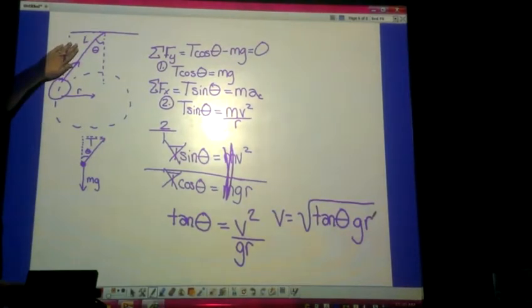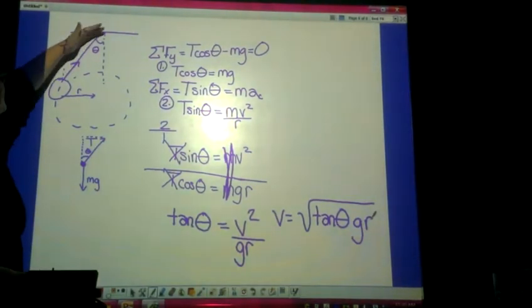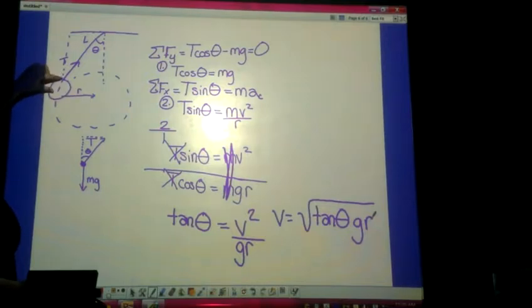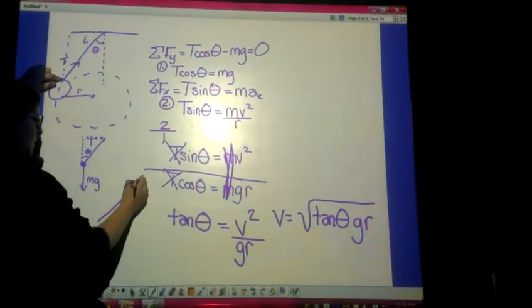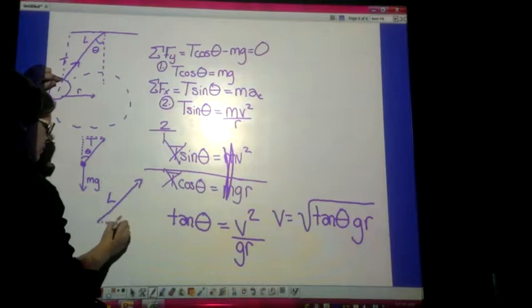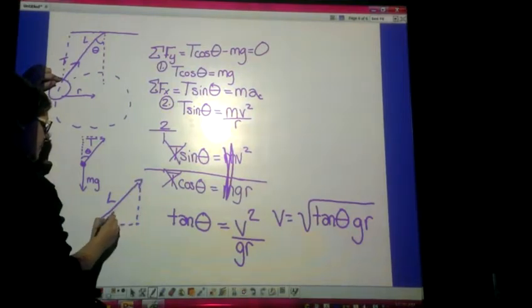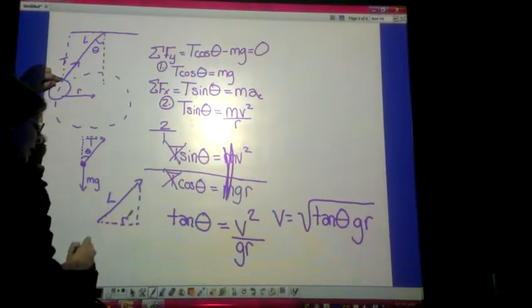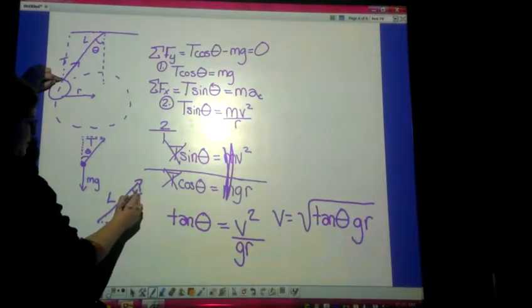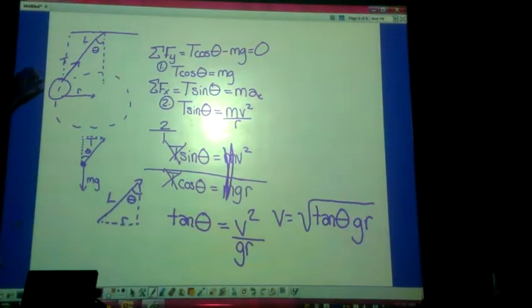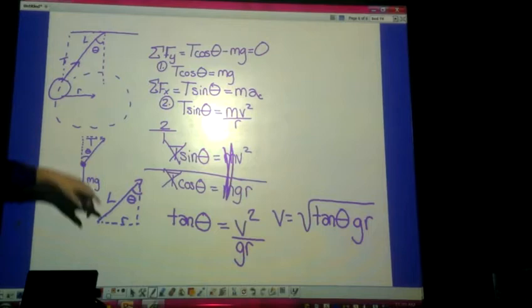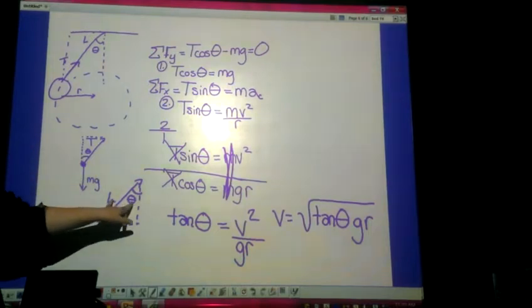Okay, in this triangle, I can think about them as forces, but then I can also think about, here's L, this would be then my radius, and then theta was up there. So I want to write r in terms of the geometry of the length of that rope.